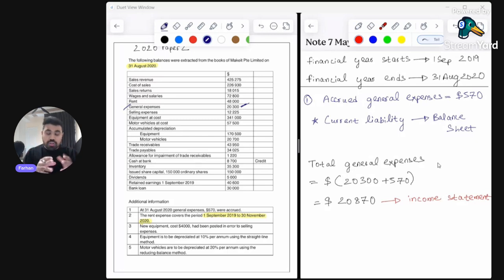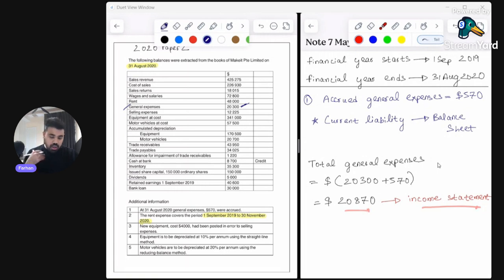Therefore, the total general expenses which we will report in our income statement is going to be $20,300, the amount which we have picked from the list, plus an additional $570, which is the accrued general expenses. Altogether, the amount is $20,870, and this is the amount for total general expenses which you will report in the income statement or the statement of financial performance.